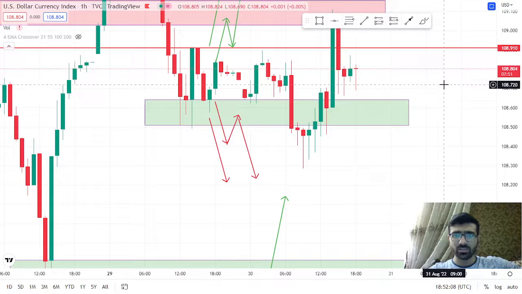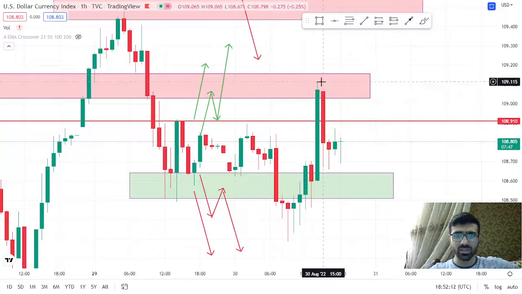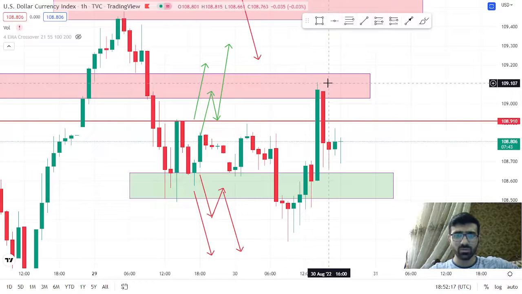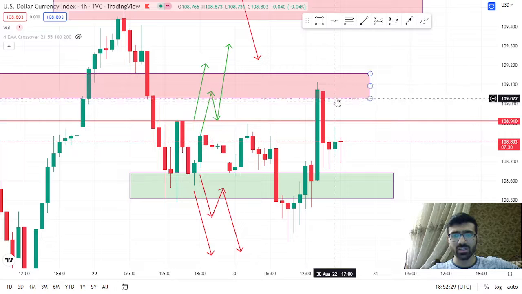Similarly, if we look at this resistance area that we marked yesterday, even though I did not mention a trade, if you would have identified this as the top for today, and as you can clearly see that the market closed below this level, we could have gone short as soon as the market respected this level.